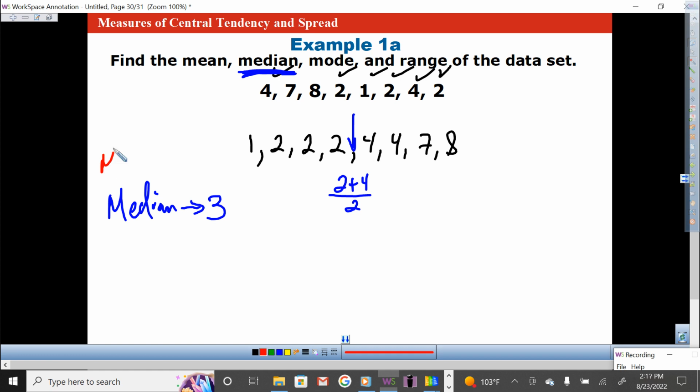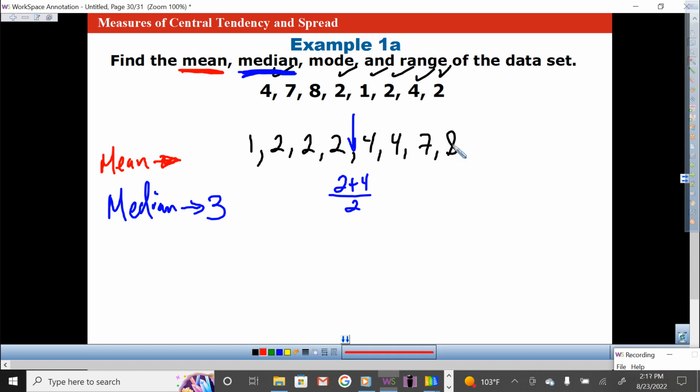All right, next, let's go to the mean. I'm going to use red for the mean. Tell your neighbor what to do, please. Yeah, so for the mean, we find the sum of all of these. Some of you already did it in your noodle.